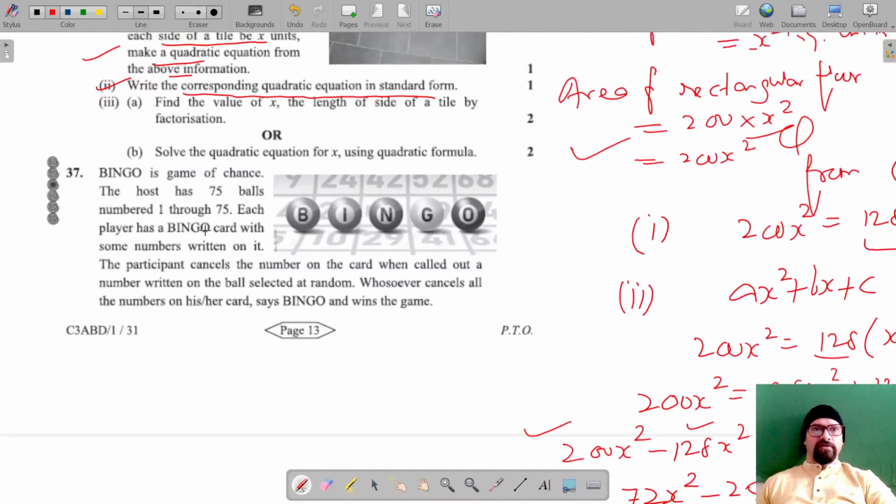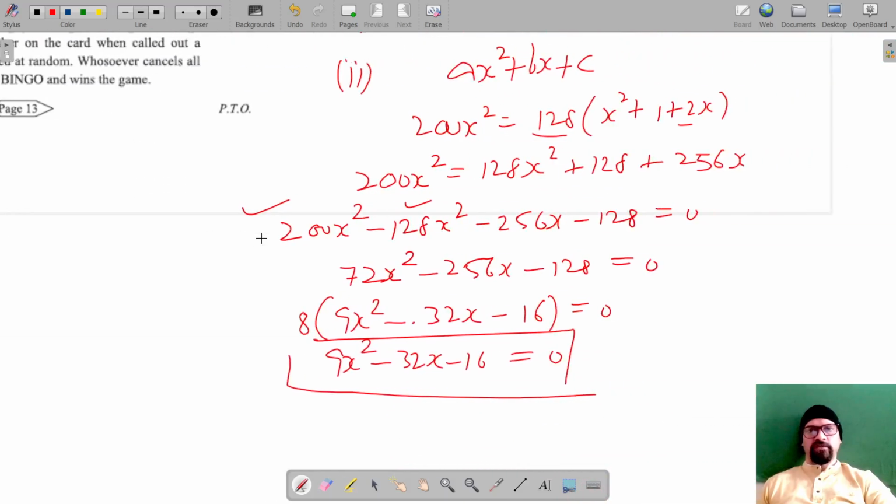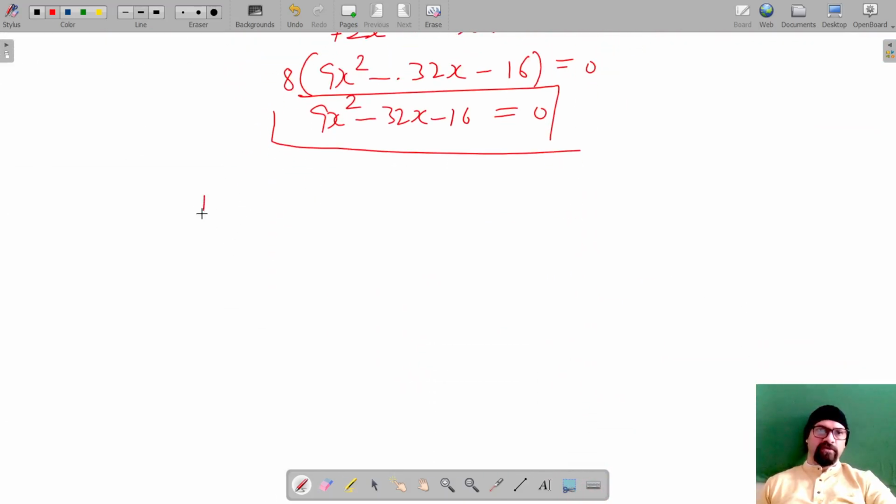Moving on to the third one, we have to find the value of x, that is the length of the side of the tile, using the factorization method. For this, A is 9, B is minus 32, and C is minus 16.